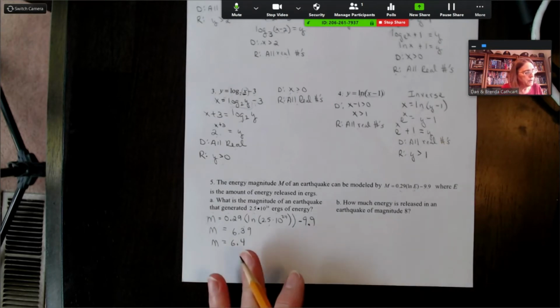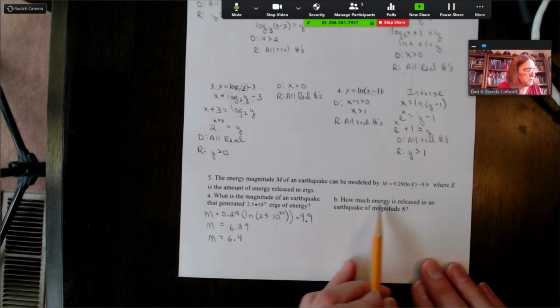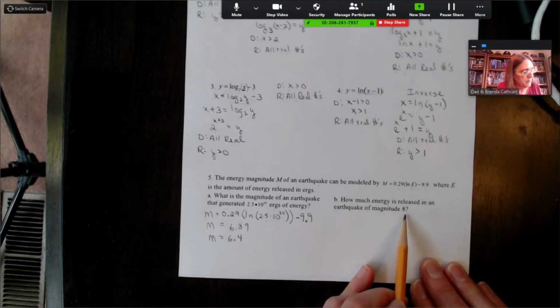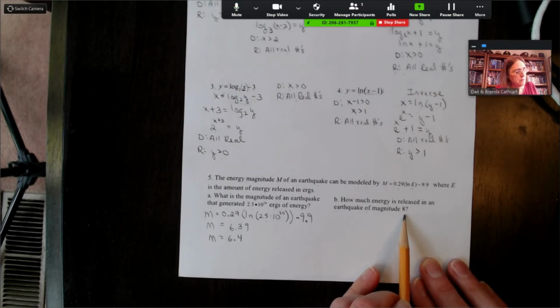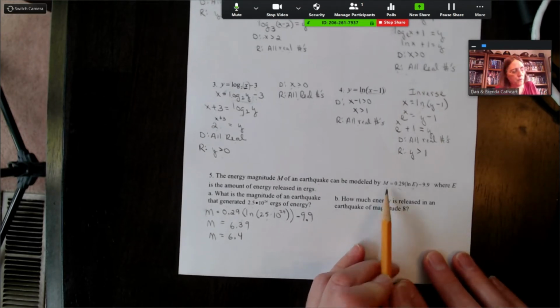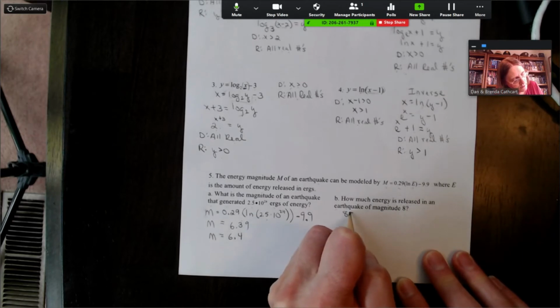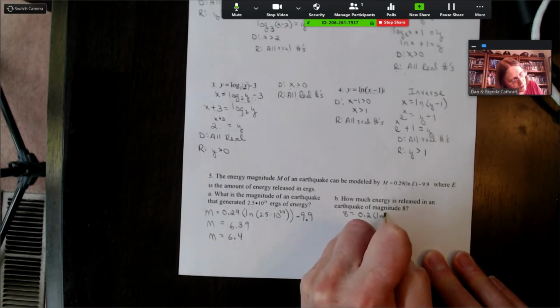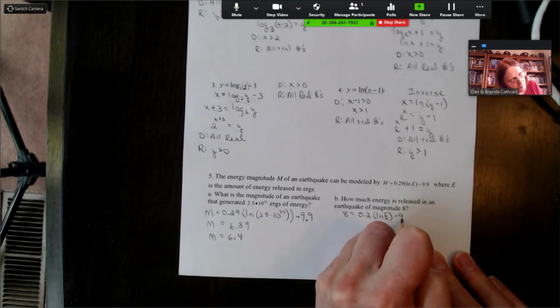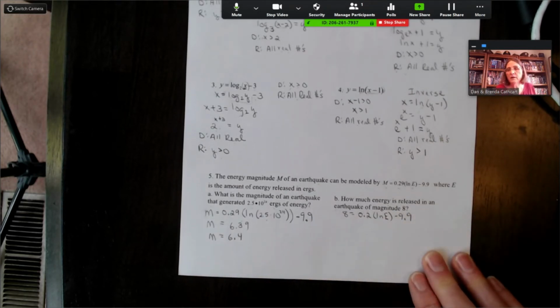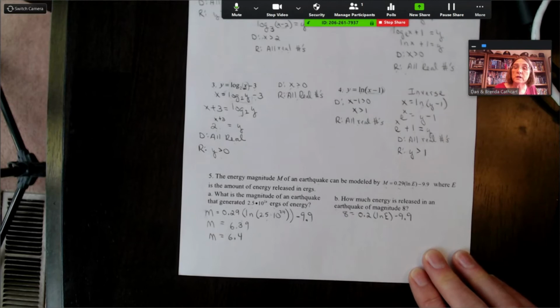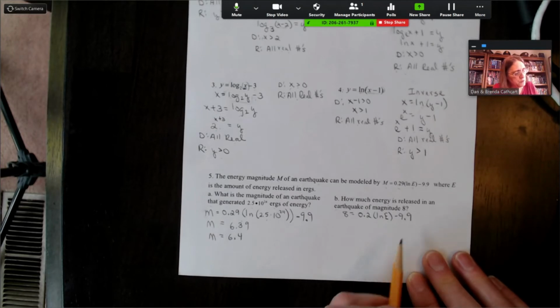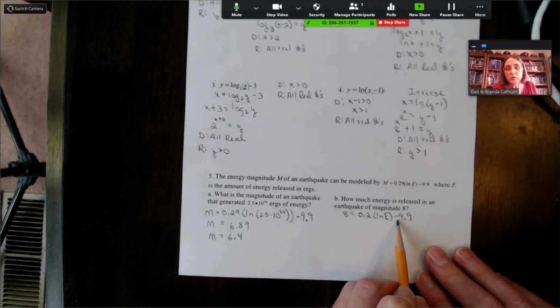Now our second part here, we want to know how much energy is released in an earthquake of magnitude 8. So we're going to put 8 in for m. So 8 equals 0.29 times the natural log of the energy minus 9.9. We need to solve this for E, so we need to do the opposite of our order of operations, which means we need to undo subtraction first.